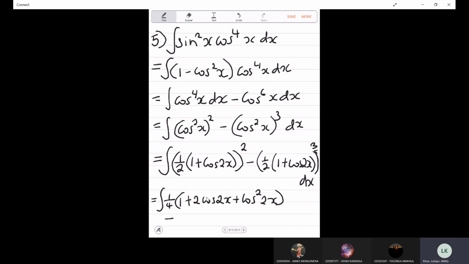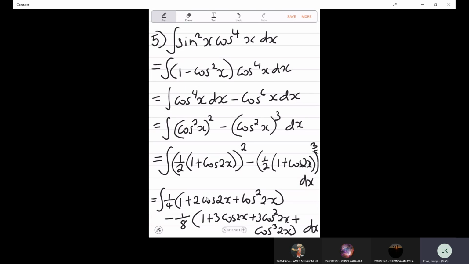And then minus 1 over 8, 1 plus 3 cos 2x plus 3 cos squared 2x plus cos to the power of 3 of 2x dx.